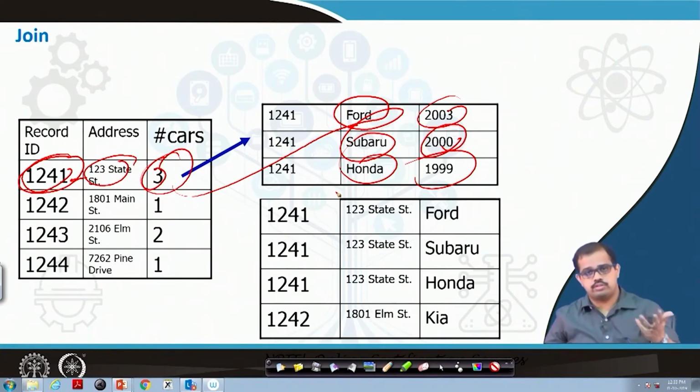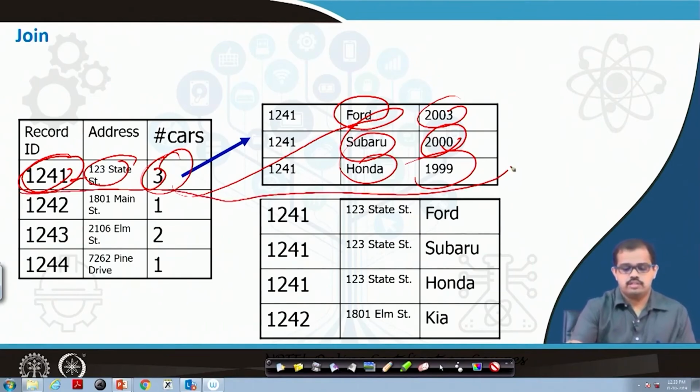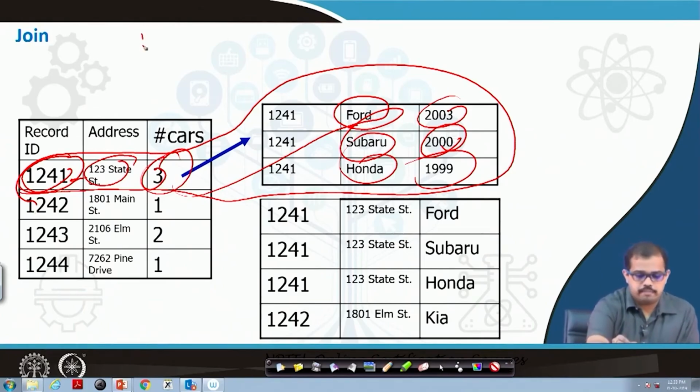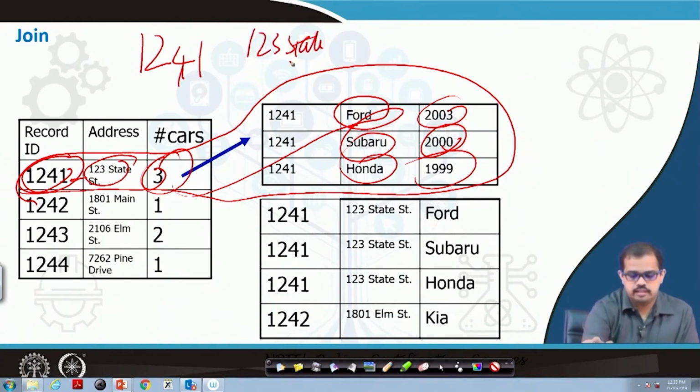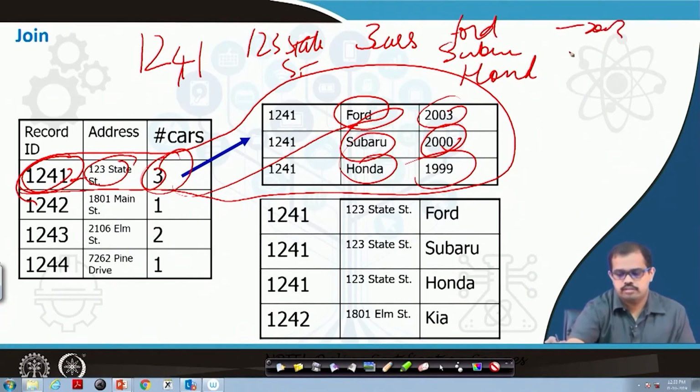For example, if someone was to query about that particular thing, the join will join both of these tables, and it would represent something like this: 1241, address is 123 State Street, 3 cars, Ford, Subaru and Honda, bought in 2003, 2000 and 1999.